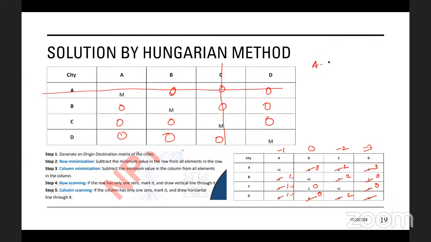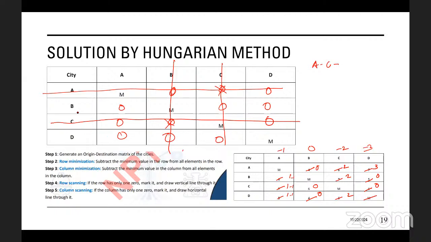So A to C. Next, from C, let's say from C to B we will make a trip. So C to B, the column will go off.